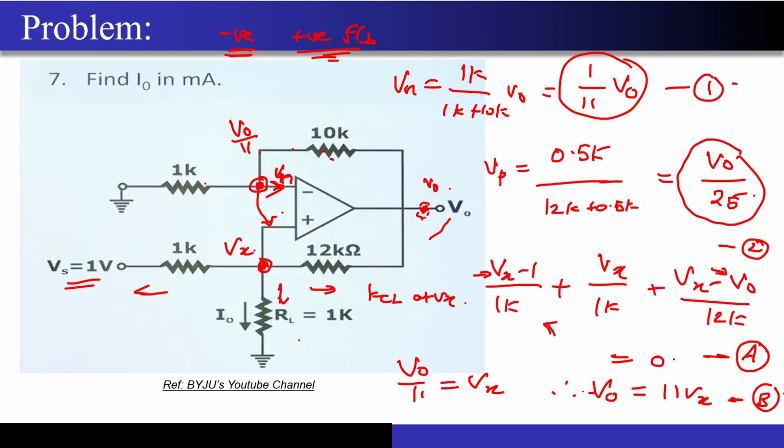Now I will substitute equation B in equation A and try to find the value of Vx. From A and B, if you substitute this, what will you get? First I had the Vx minus 1 term, then the Vx term, and then the Vx minus V0 upon 12k term.